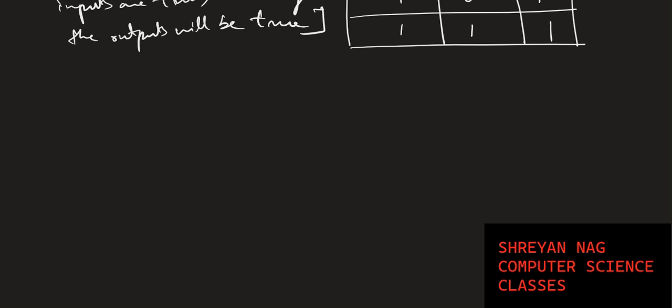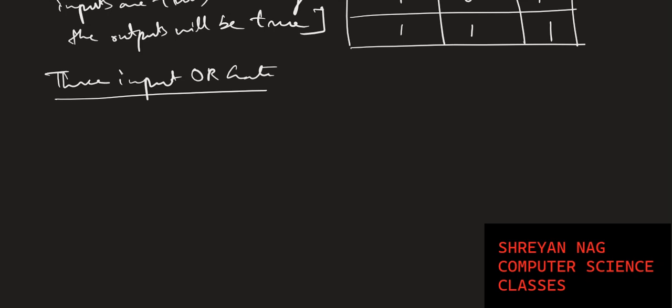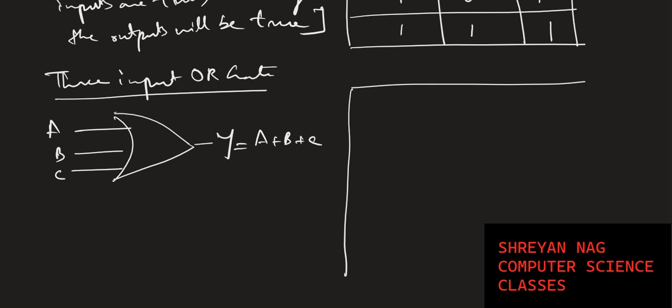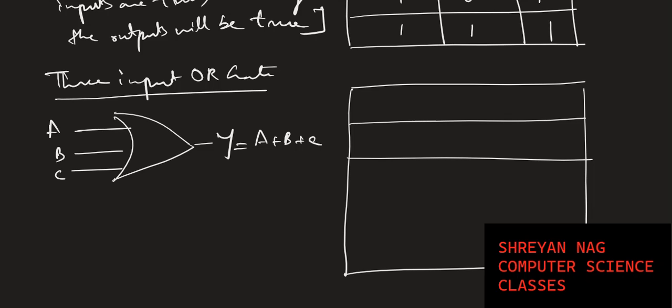Now let us look at the 3 input OR gate. A 3 input OR gate has 3 inputs, and it adds them up, so A plus B plus C. For the resultant truth table, first of all we need to note how many inputs there are.